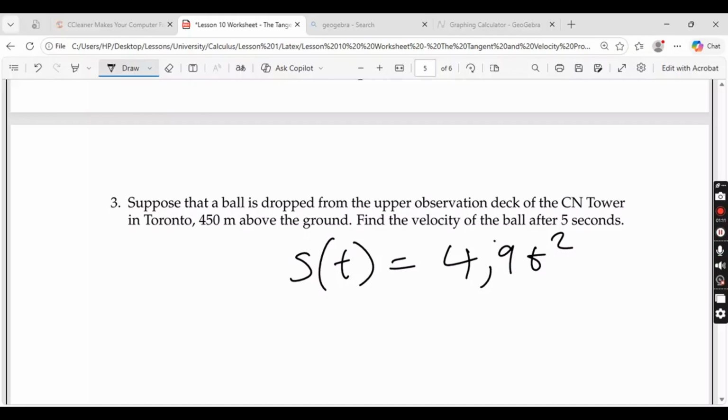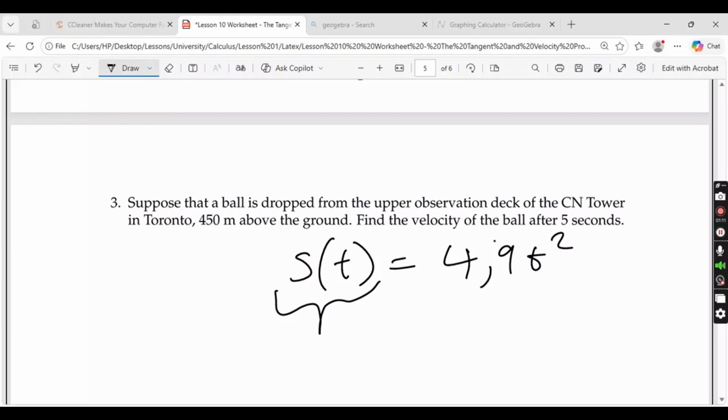Is it 4.9 times 5 squared? Okay, 4.9 times 5 squared. No, it's not. So first, what is this representing?